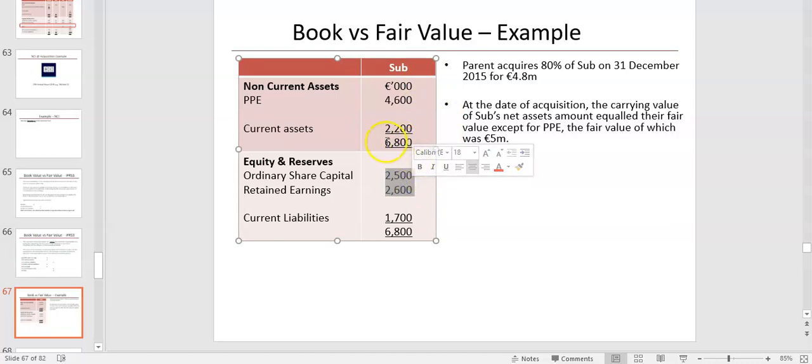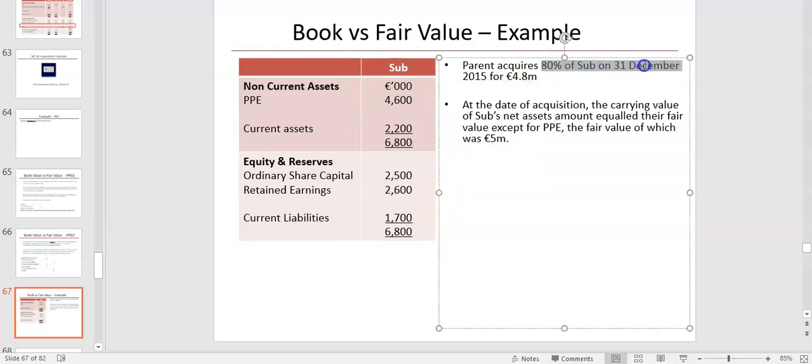So the net assets, 6.8, minus the liabilities, 6.8 minus 1.7 is 5.1. The easier way to look at that is just look at ordinary share capital plus retained earnings. That gets you net assets as well, and often that's a quicker way of looking at it. 5.1 million is the book value at the date of acquisition. And you're told the parent acquires 80% of the subsidiary for 4.8 million. So you're going to have an NCI here as well.